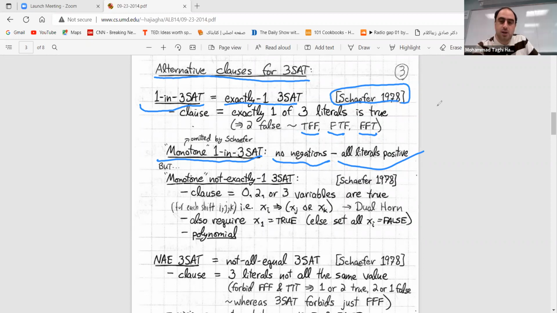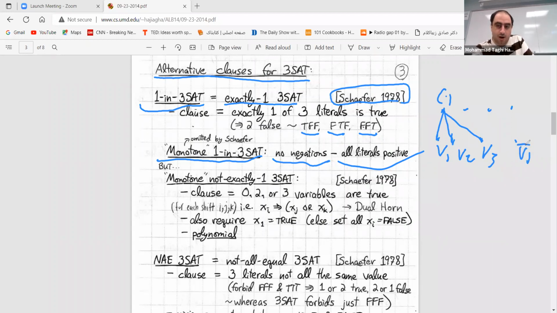Why is this important? Because of the bipartite graph view that I have mentioned. You can put the clauses at the top and the variables at the bottom, V1, V2, V3, and so on. Because there is no negation, this C1 only has some variables, and everything is positive. So we don't have the issue of, for example, V1 bar appearing.